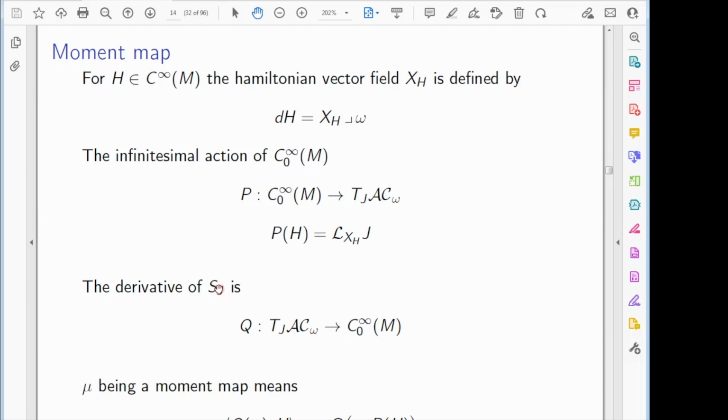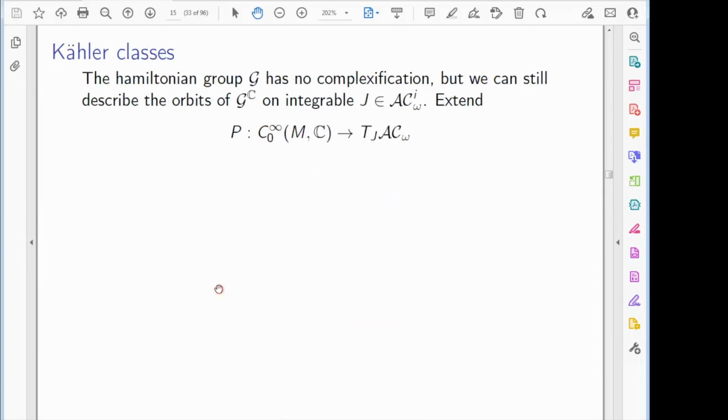So this is what was proved by Fujiki, and then later by Donaldson. Donaldson proved it for general almost complex structures. So how is this related to what we've covered so far?